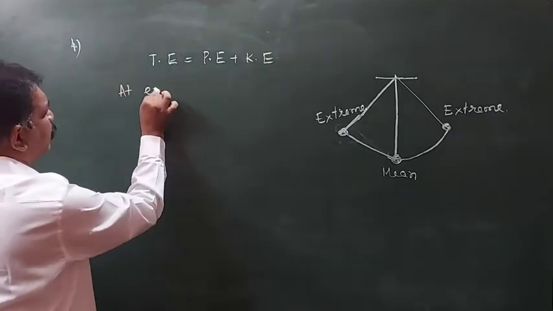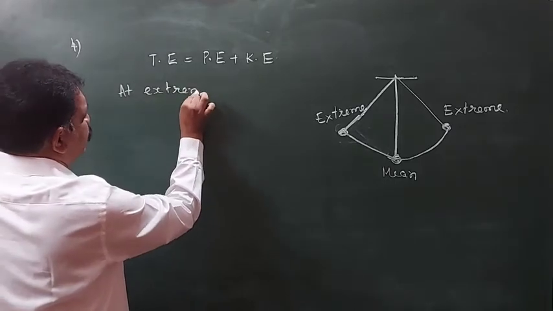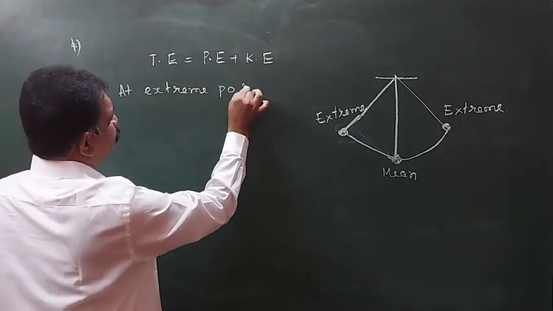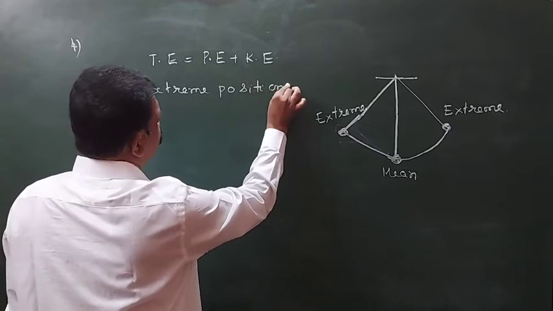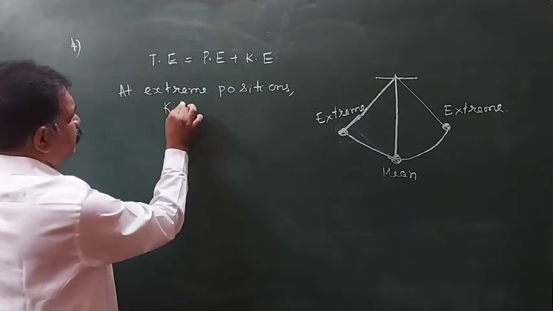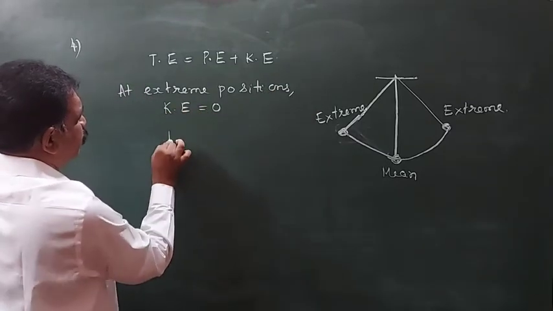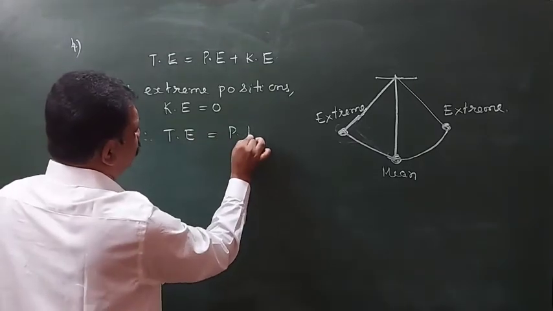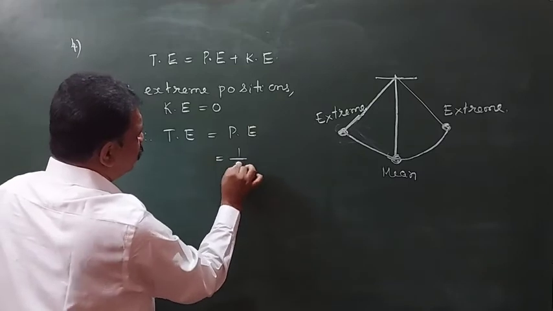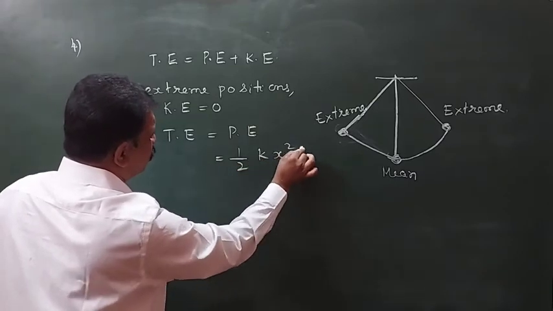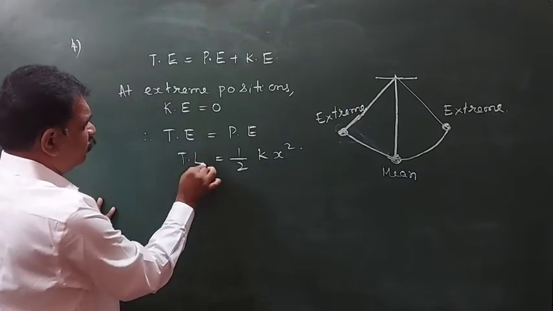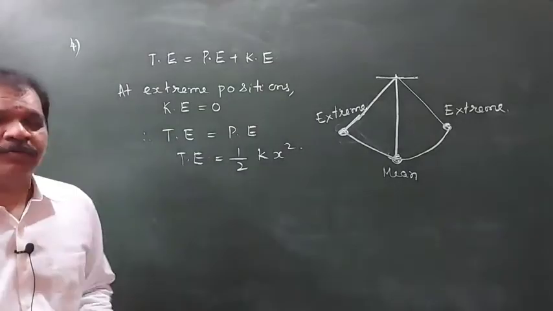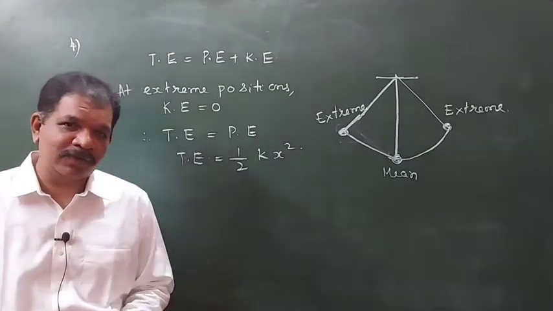At extreme positions, KE is equal to 0. Therefore, total energy is equal to PE. They gave the potential energy formula as half kx square. So total energy is equal to half kx square.